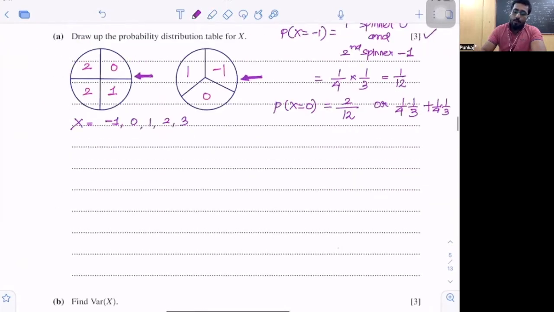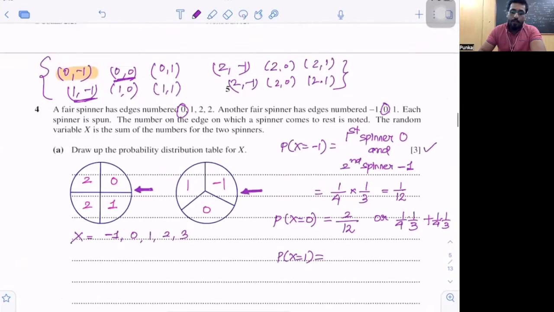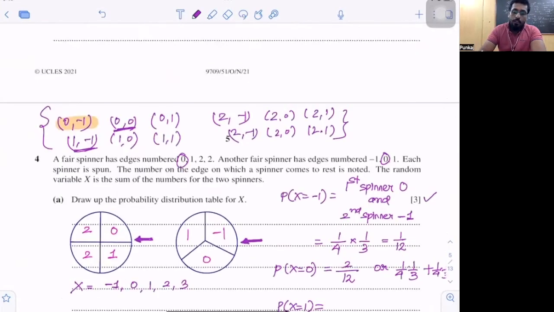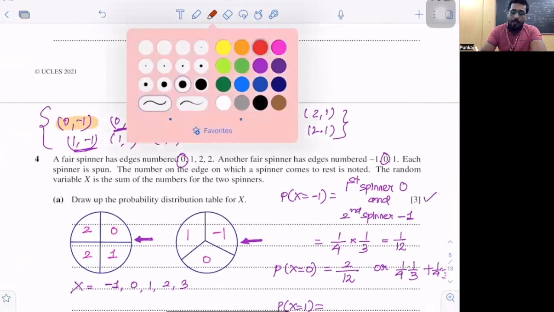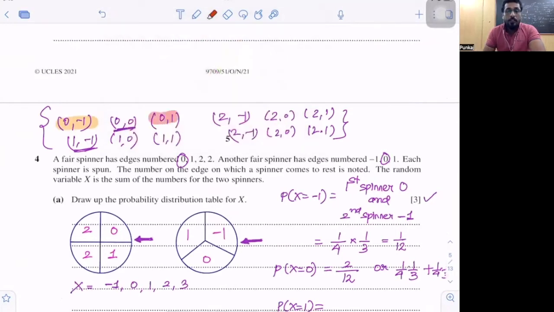Now let's take probability of x equal to 1. So getting 1, the sum has to come 1. So start identifying where can you get the sum as 1. Is it here, (0, 1)? The answer is yes. What about this (1, 0)? Yes, 1 plus 0 is again going to be 1. What about 2 minus 1 and 2 minus 1?